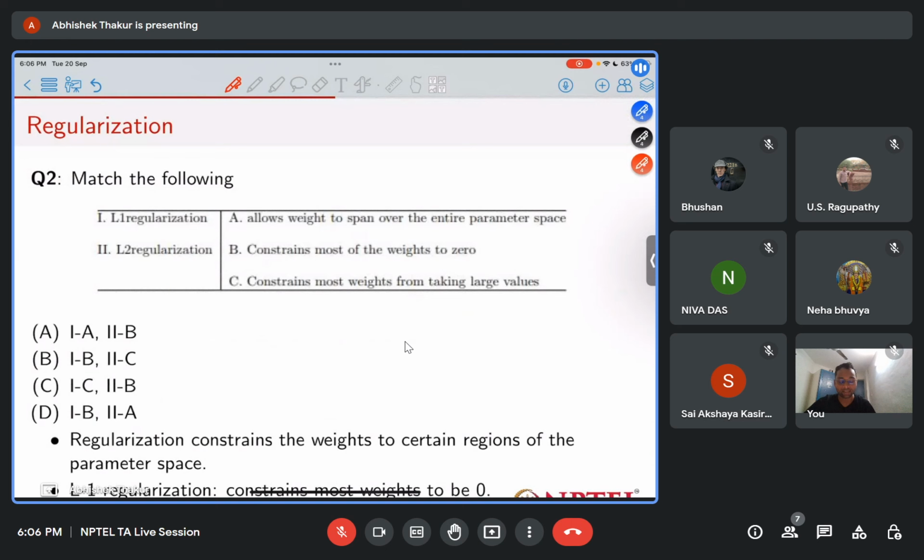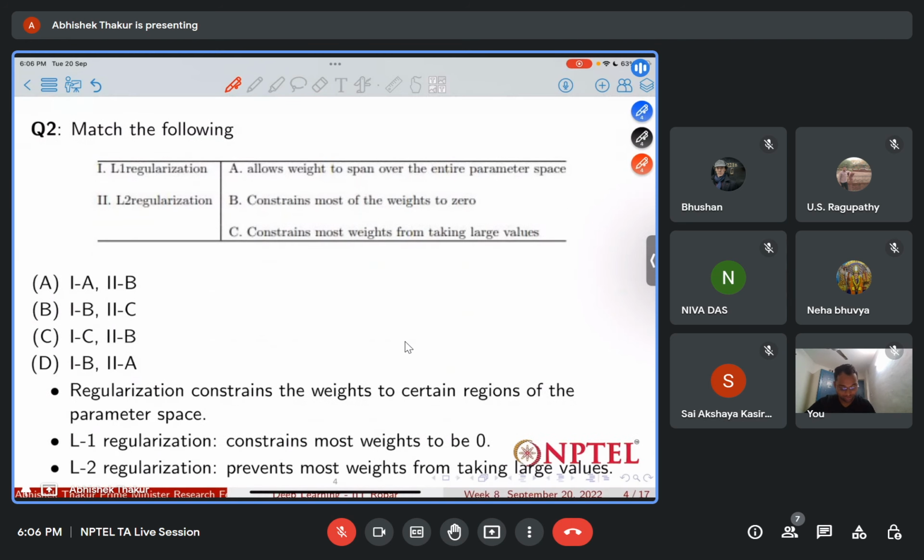That is based on regularization. In this question, it is given there are L1 regularization and L2 regularization, and it is a match-the-following question. If anyone knows, you can give the answer in the comment box. On the left side, L1 and L2 are there.